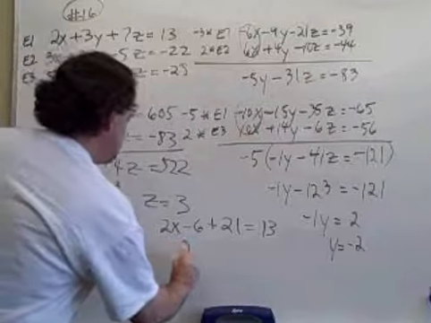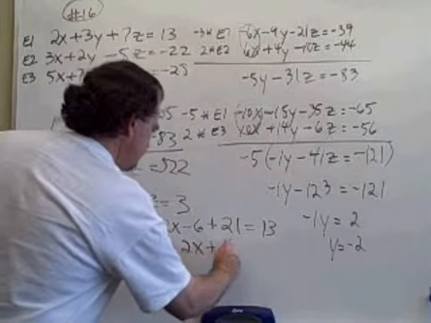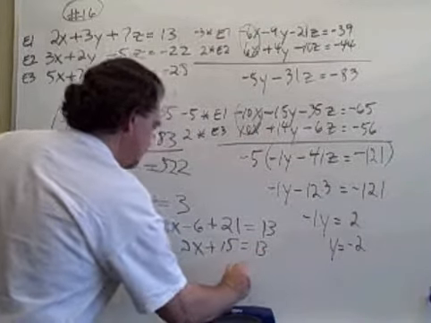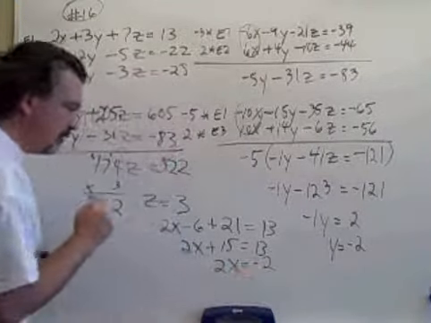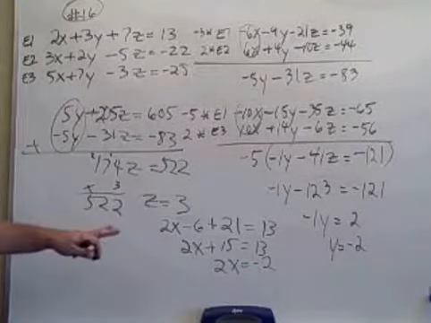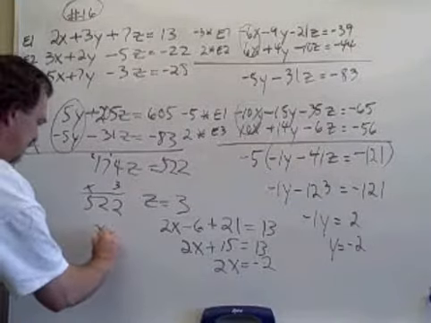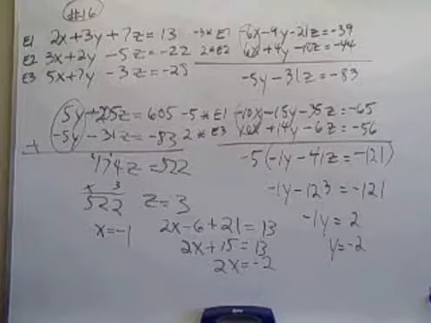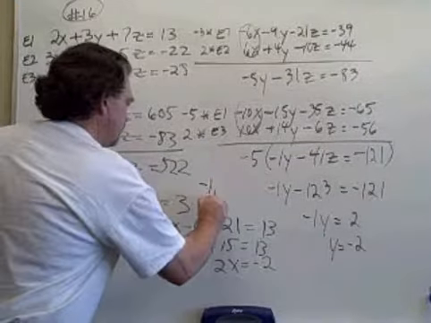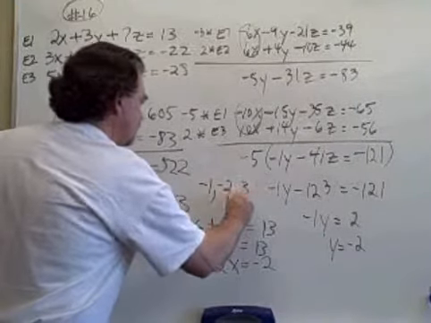And that's 2x plus 15 equals 13. So 2x equals negative 2 when I subtract 15 from both sides. So x equals negative 1. And my ordered triple is negative 1, negative 2, 3.